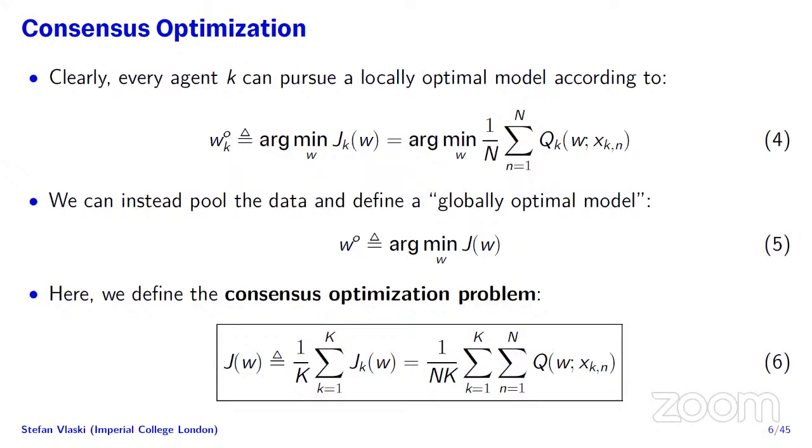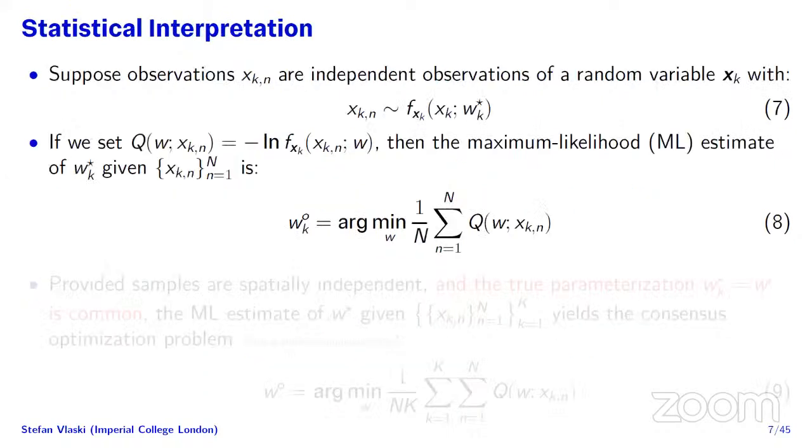The key is that J sub k is an average over the local data at agent k, so what you have globally is an average across all samples and across all agents. In some sense, this has a maximum likelihood interpretation. You can make this a bit more precise.